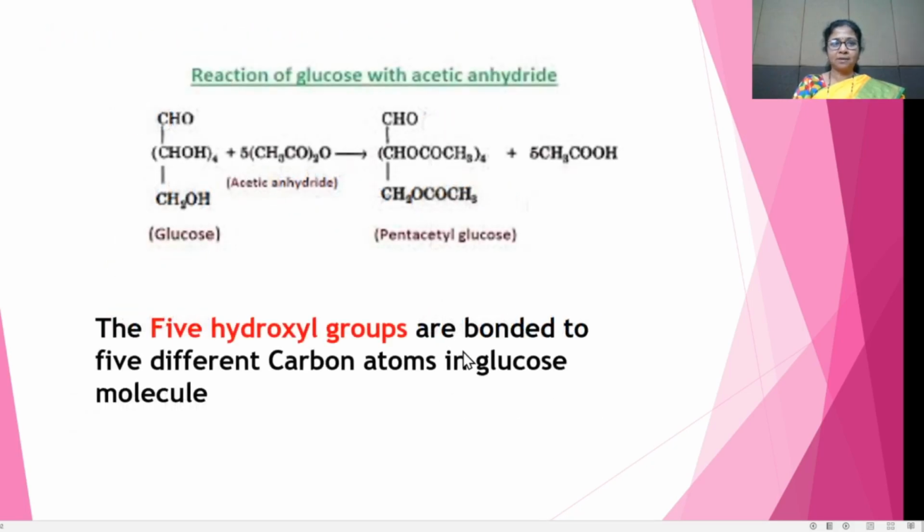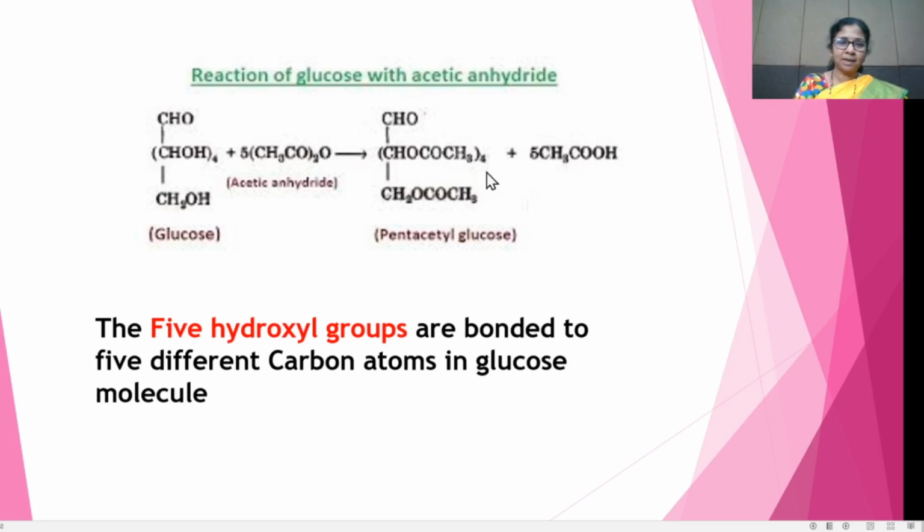Now see the next: when glucose reacts with acetic anhydride, it gives penta-acetyl glucose and 5 molecules of acetic acid.